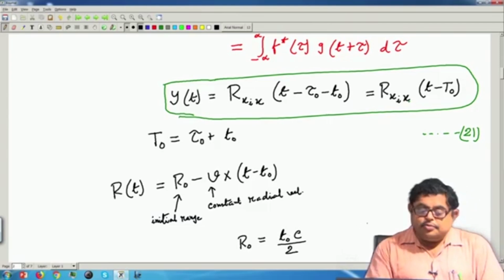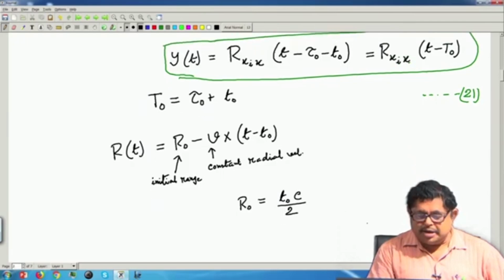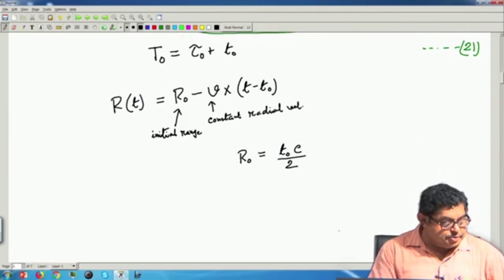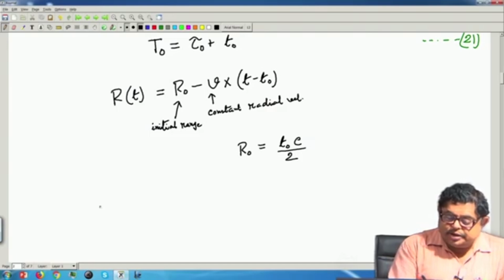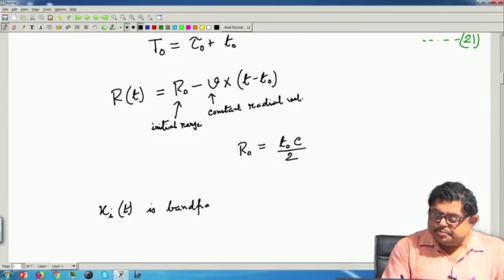Now, actually the radar echo signal is a band pass signal. So, x I t is a band pass signal, and the transmitted signal was also band pass.